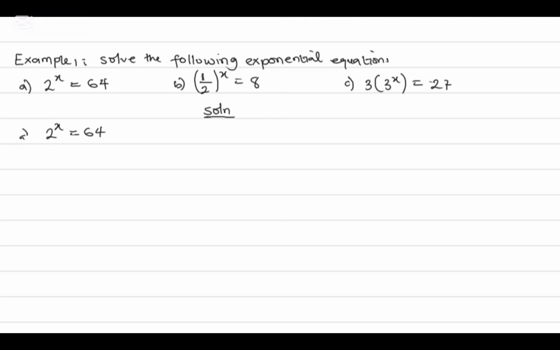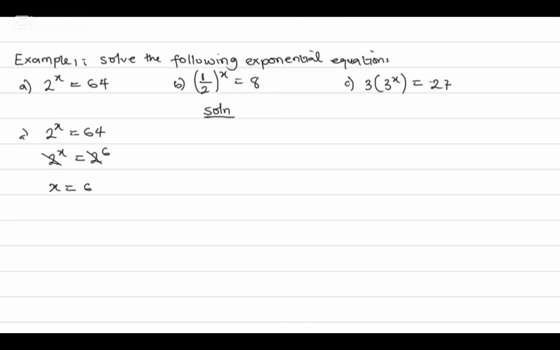Yes, from our knowledge of multiples of numbers, 64 is 2 raised to power 6. I'm going to use 2 so that I will have common base. So I can say now that 2 raised to power x equals 2 raised to power 6. Now we've gotten common base, and all we simply do is eliminate the common base, equating the powers. So x is equal to 6.